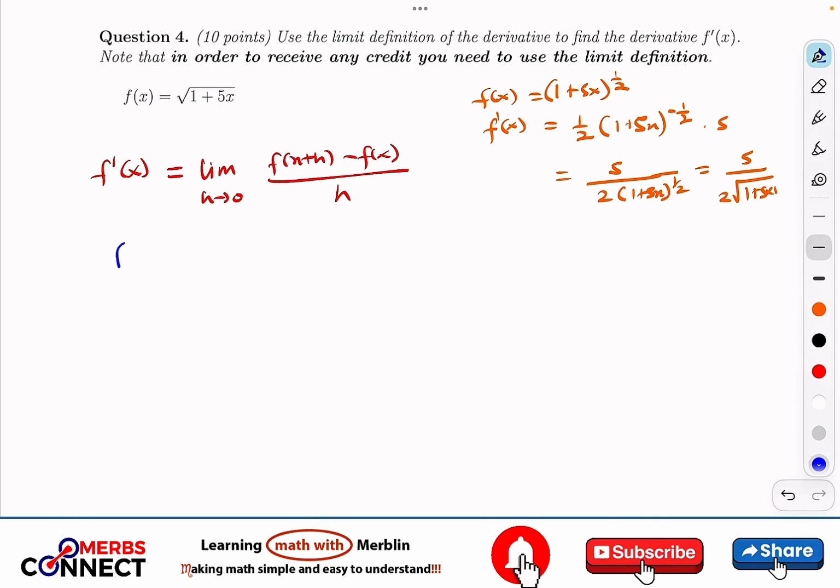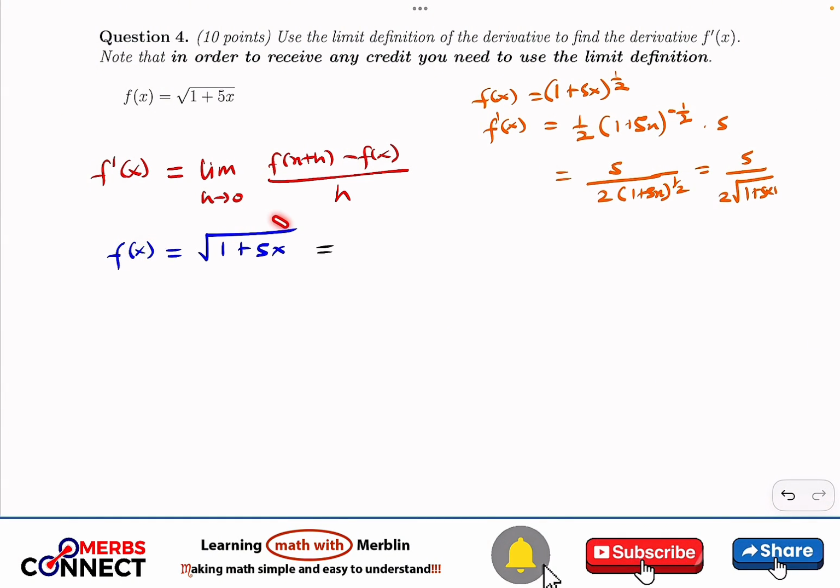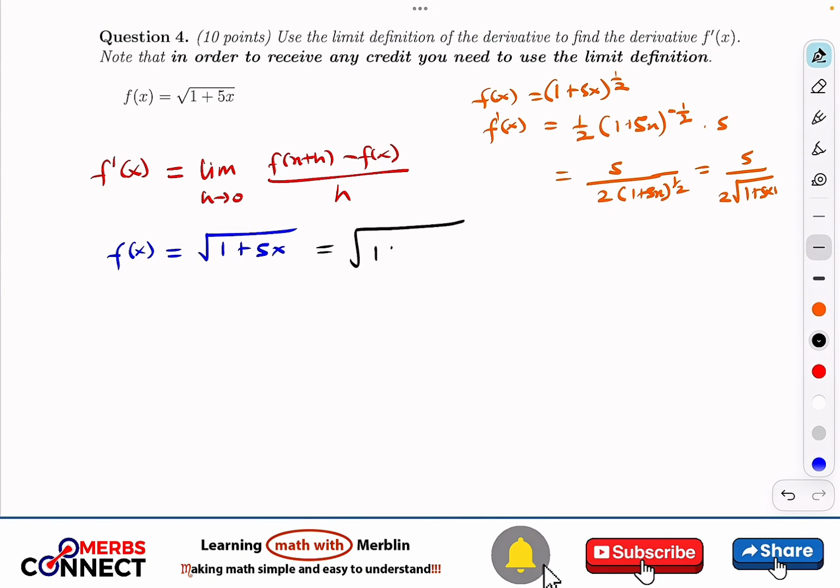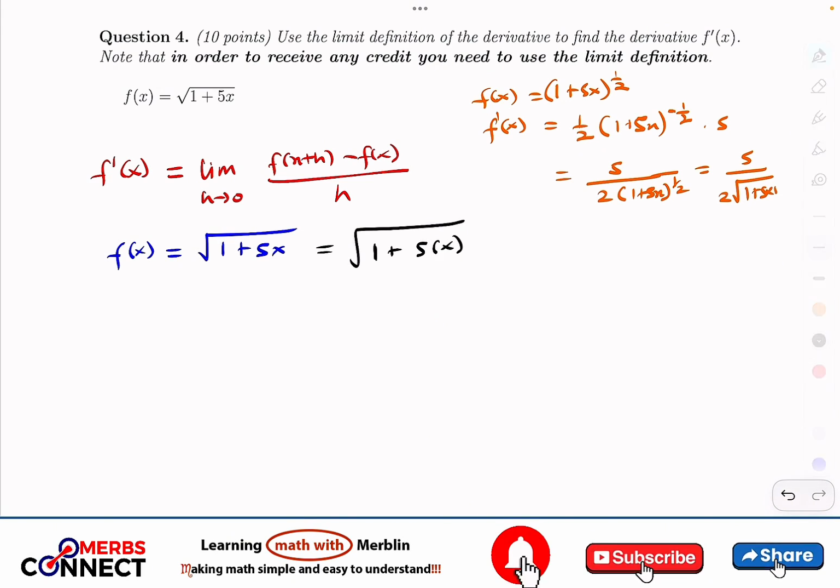So we need our f of x plus h, given that f of x is this. Now this is what I advise for you: write f of x again, making sure that since this one is in parentheses, you put all the x in the function into parentheses. So this is the same as square root of (1 plus 5x). Now this one helps us to find f of x plus h. What am I going to do here? I'm just going to replace all the x in the parentheses by x plus h.